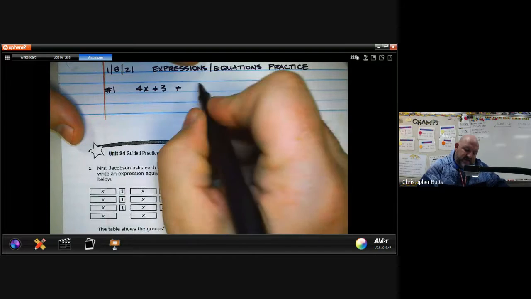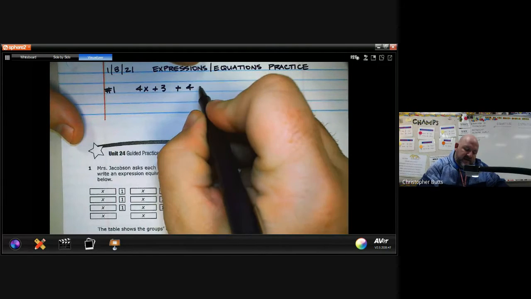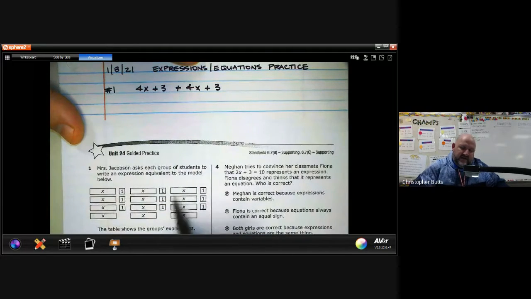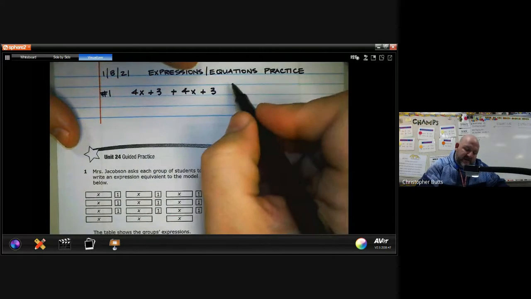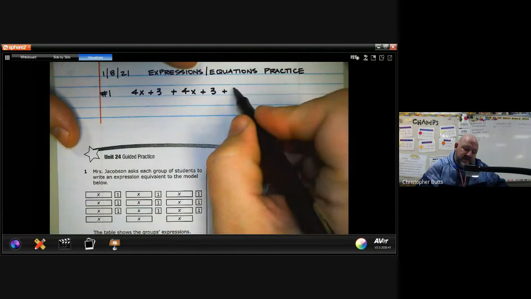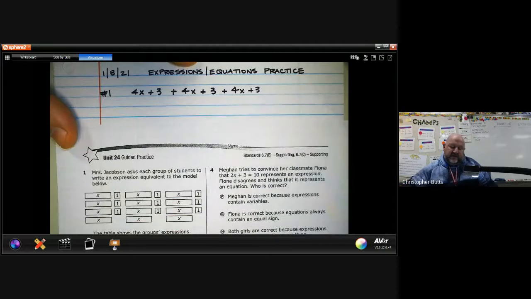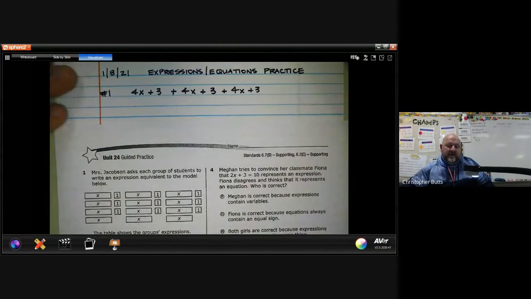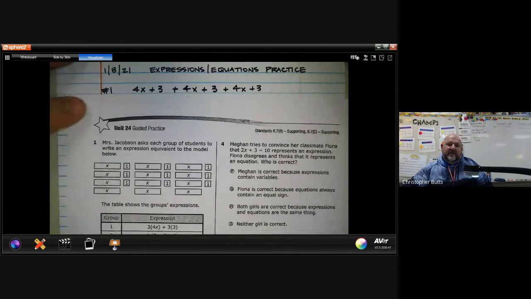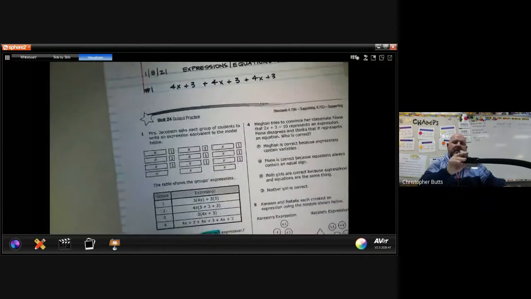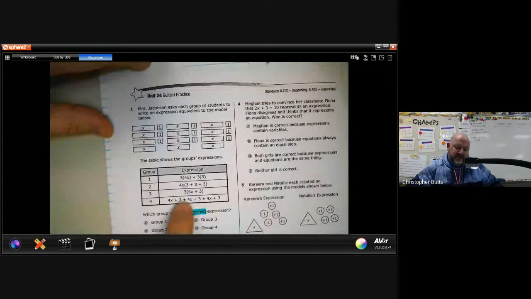I have an additional copy of that same thing. I have another 4x plus 3. And then over here on the end, I have another copy of that, an additional 4x plus 3. And so you can see really quickly that there is one group that has this very same expression, group number 4: 4x plus 3 plus 4x plus 3 plus 4x plus 3.